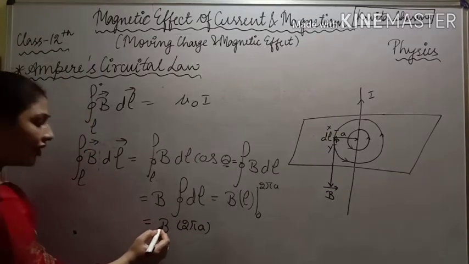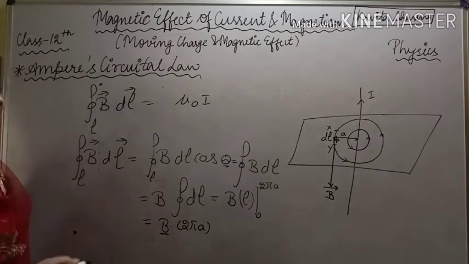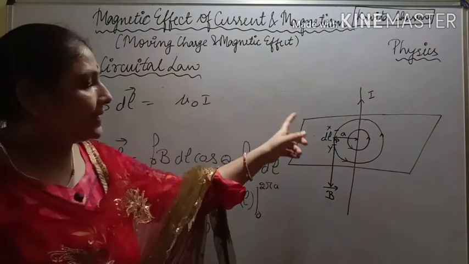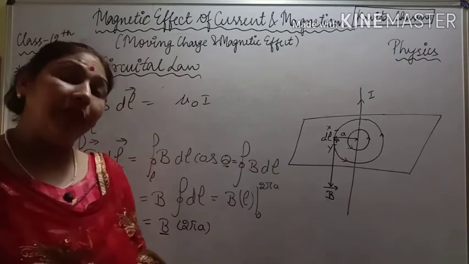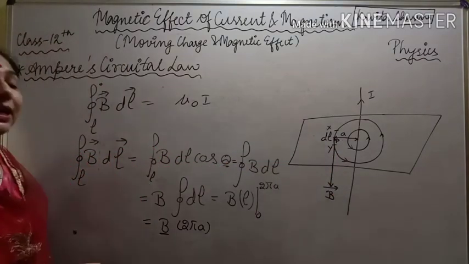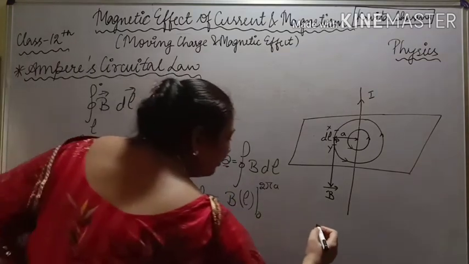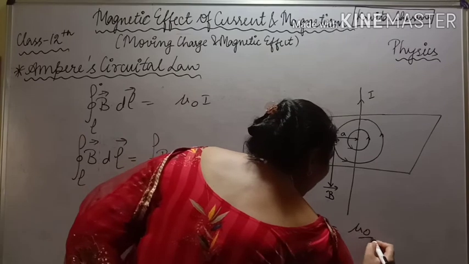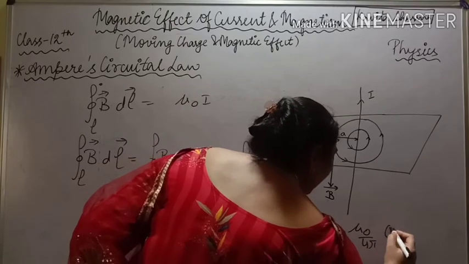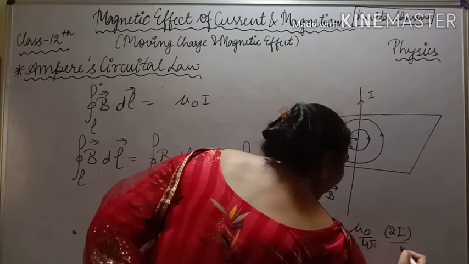Now what is the value of B? In the last to last lecture you can see the value of B. For an infinitely long current carrying conductor, B is equal to mu naught upon 4 pi times 2I divided by a.